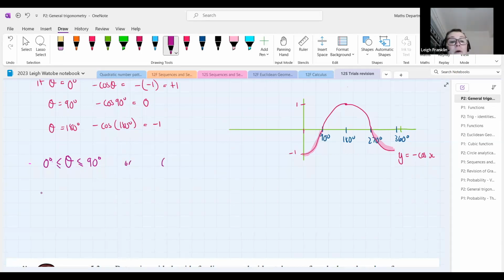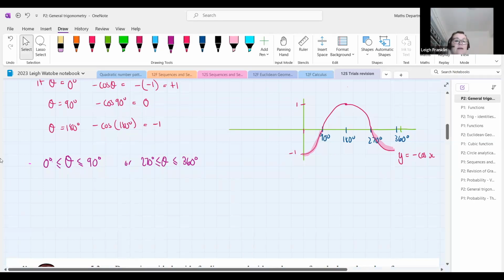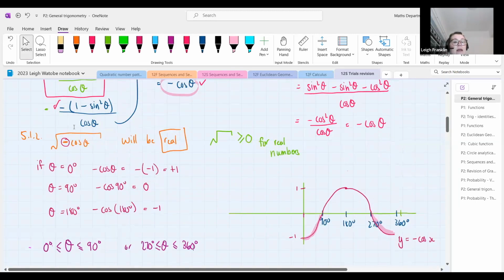Or theta needs to be greater than or equal to 270, but smaller than or equal to 360. So anywhere between 90 and 270 will give us a negative inside of our orange square root.